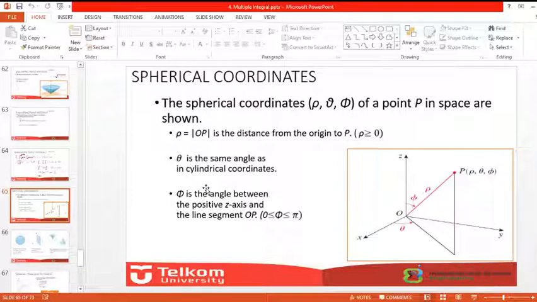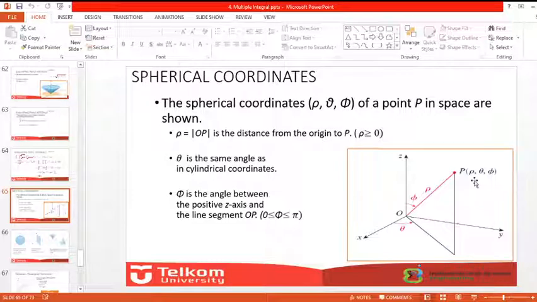So the components of the spherical coordinate are rho, theta, and phi. Rho is the radius of the sphere, so rho equals the square root of x square plus y square plus z square.